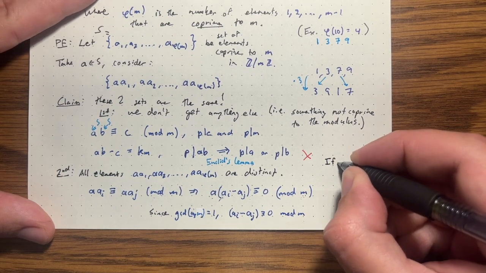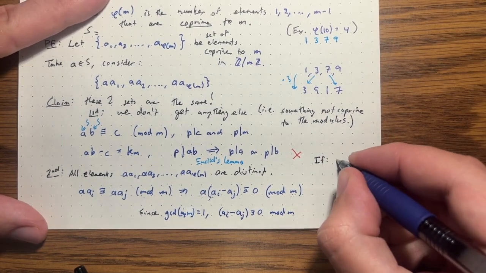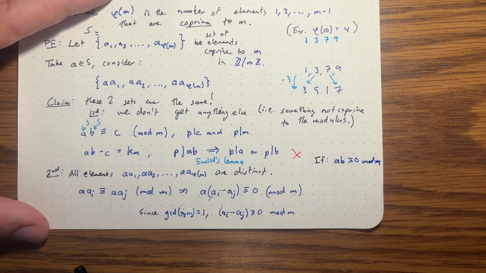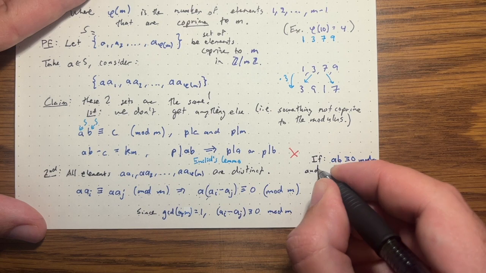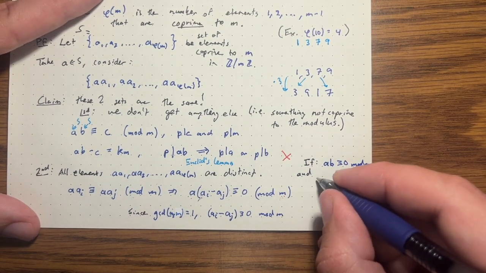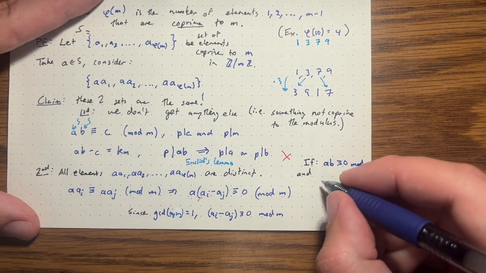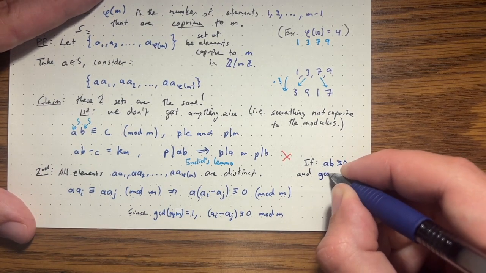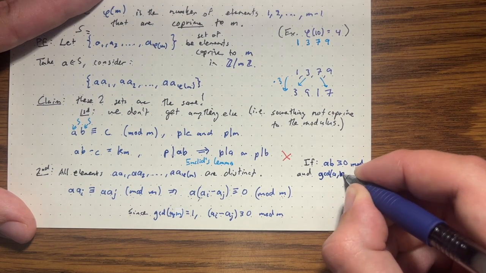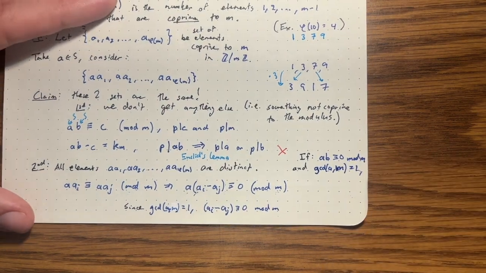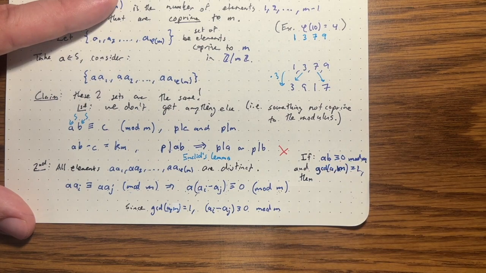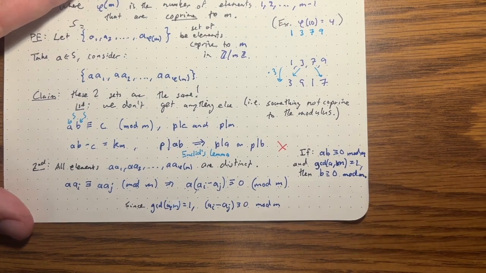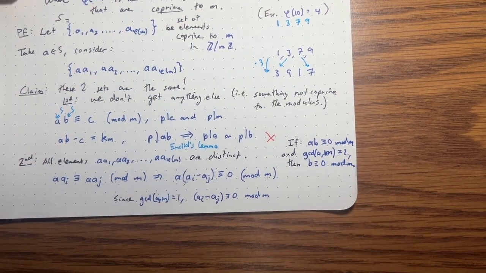So this is if we have a product congruent to 0 mod M, and we know that one of the parts of the product is coprime with M, for example A, then actually the second part of the product has to be congruent to 0 mod M. So why is this?